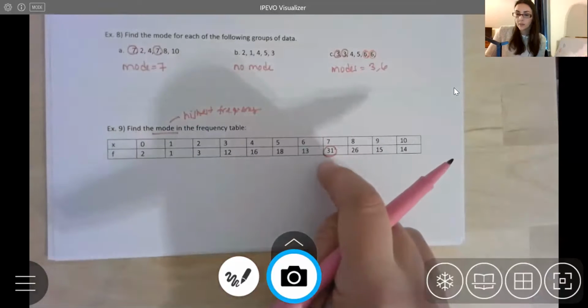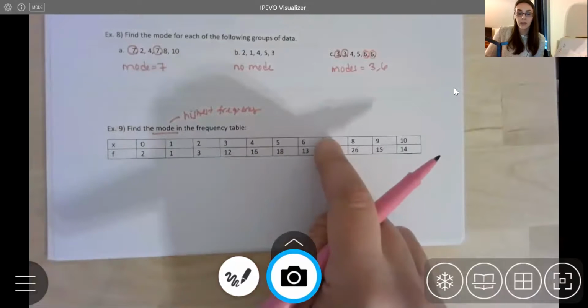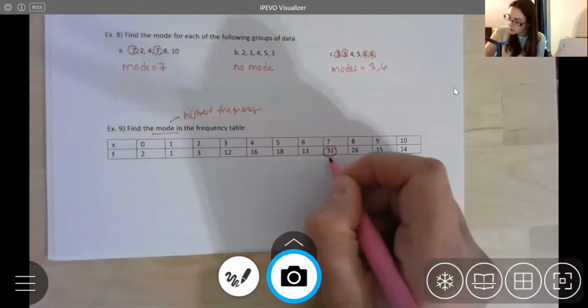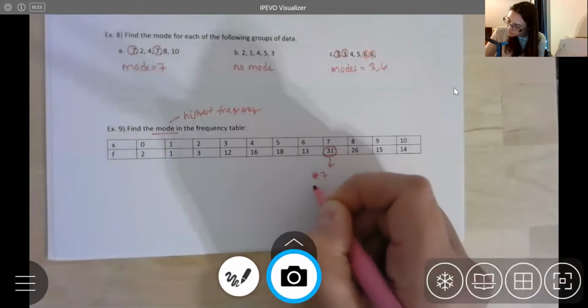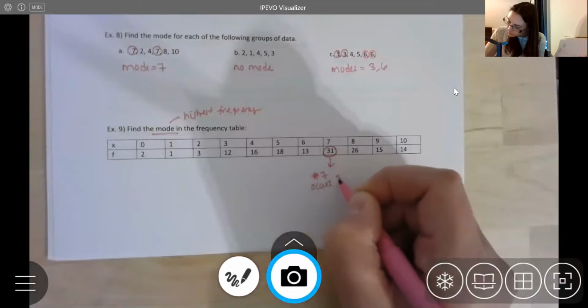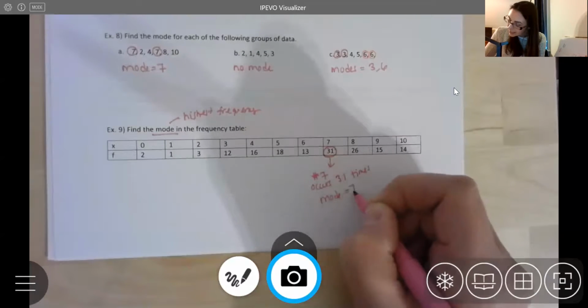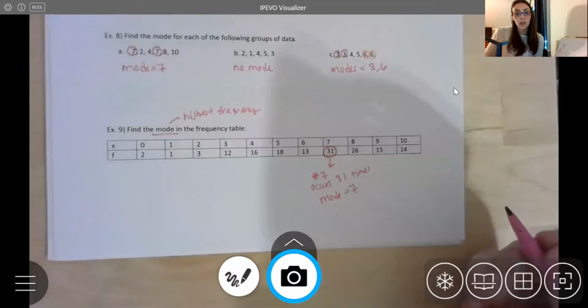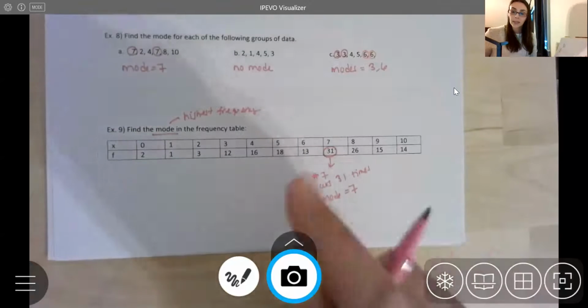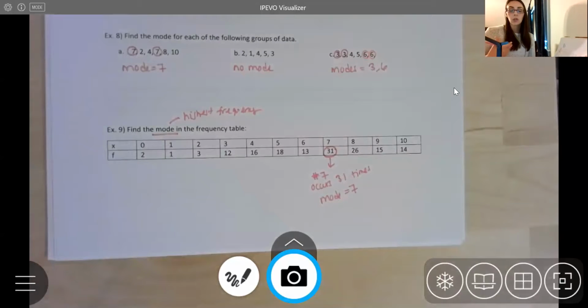So this relates to my mode here because the number 7 occurs 31 times. So our mode is 7. Be careful, your mode is not 31. 31 is how many times that number occurs. So your mode is 7. It's the X value in the table, not the F.